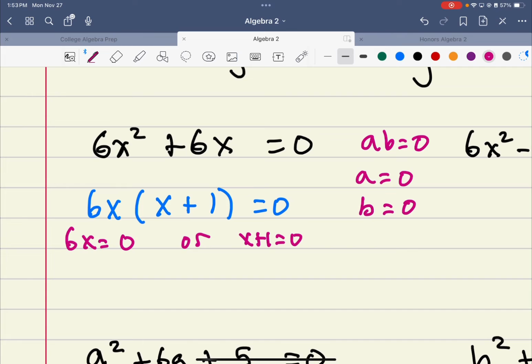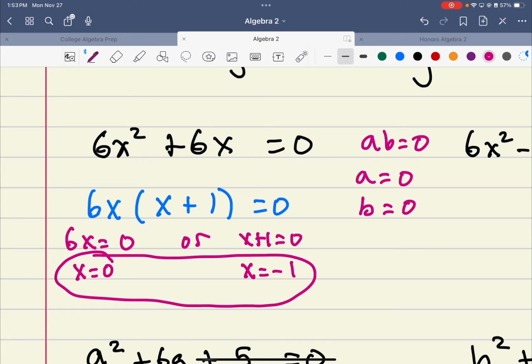So again, I'm just asking myself the question, 6 times what is 0? 0. So in this case, x equals 0. What plus 1 is 0? What's the opposite of 1? So there are my two solutions, 0 and negative 1.